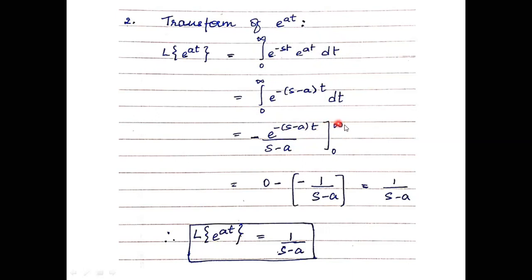When I use the upper limit, it is 0, e power minus infinity is 0, minus of minus e power 0 is 1, divided by s minus a. So minus into minus will be plus 1 by s minus a, which is the Laplace transform of e power at.